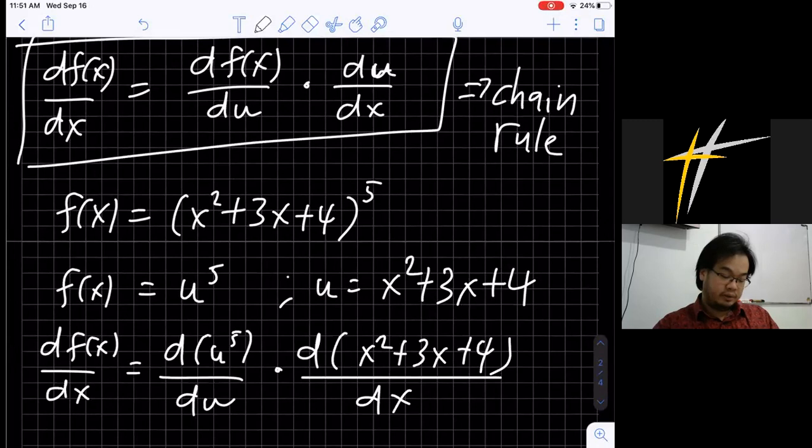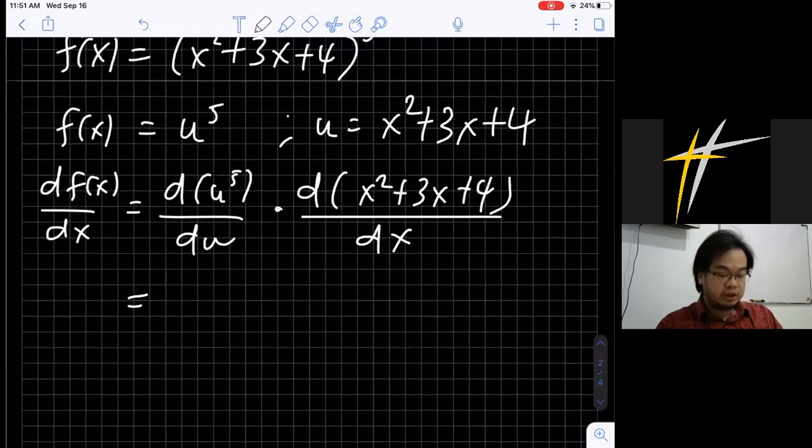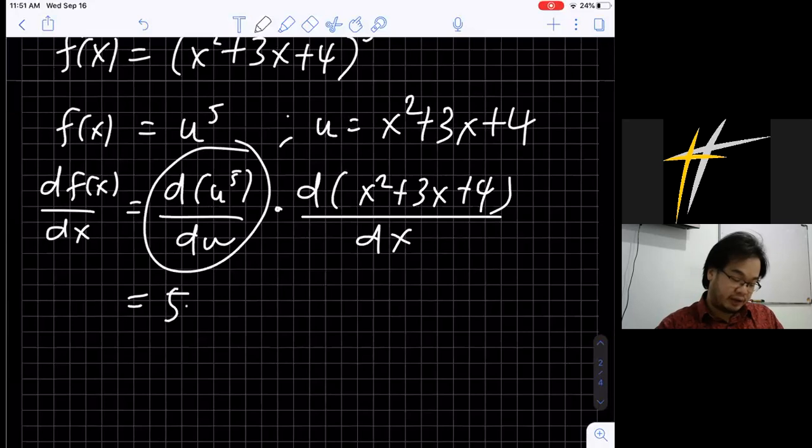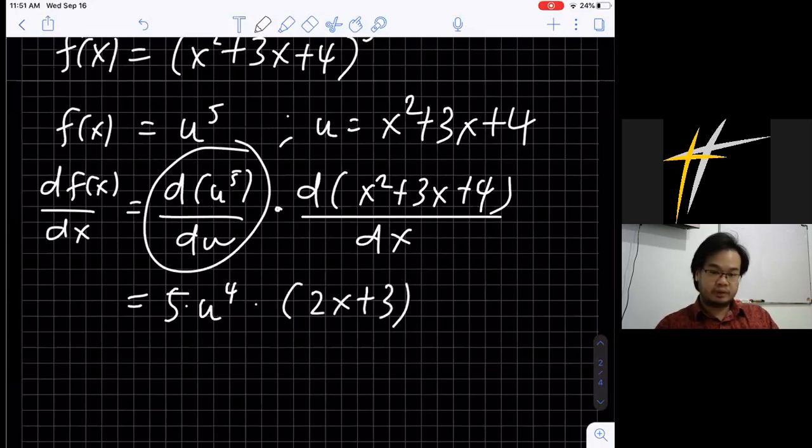So the derivative of u to the power 5 is basically a derivative of a regular power function, right? So the result is 5 times u to the power 4, and the result of this one is 2x plus 3. So now we get the derivative, but don't forget to put back the u in terms of x, because the function given is in terms of x, so the answer must be in terms of x also.